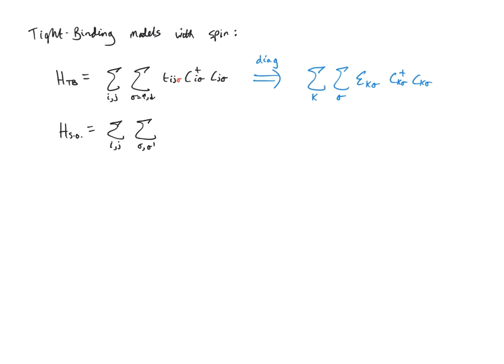Either of those can either be up or down. Then in a totally general model, we'd have t_ij, a parameter telling us about the tunneling from i to j, or it could be the on-site energy if i is equal to j. But then we also need to describe both the spin of one orbital and of the other orbital. So now we have four parameters, t, i, j, sigma, sigma primed.